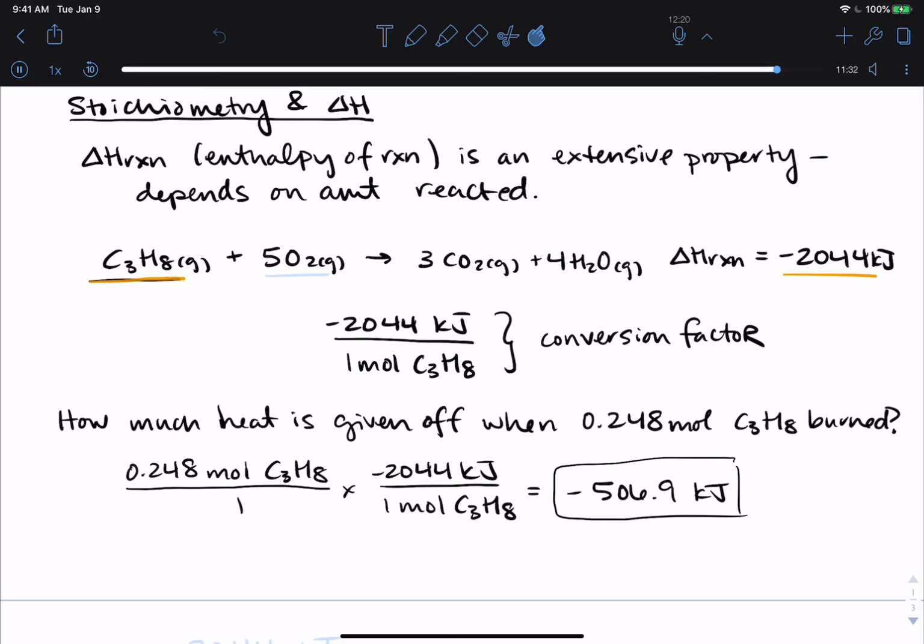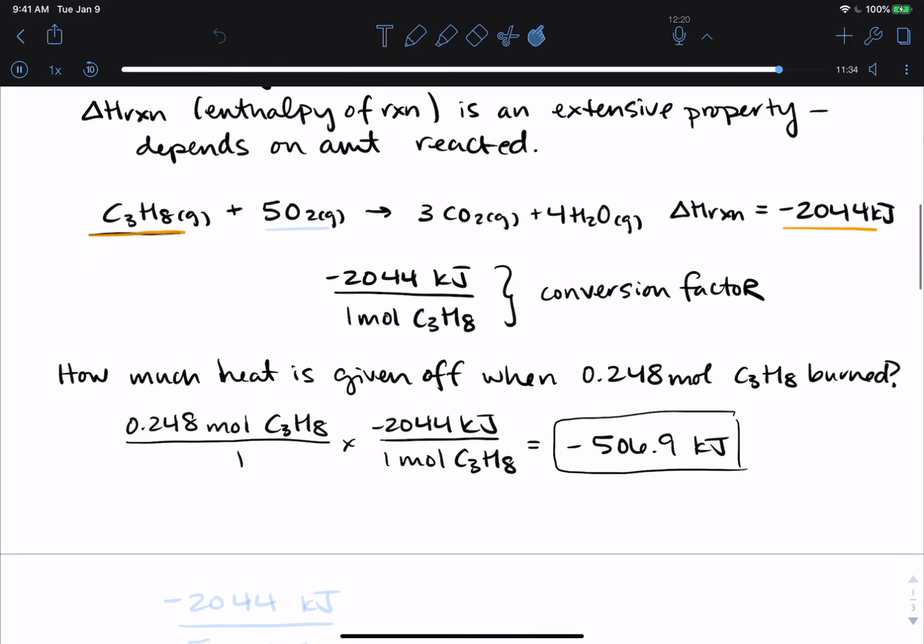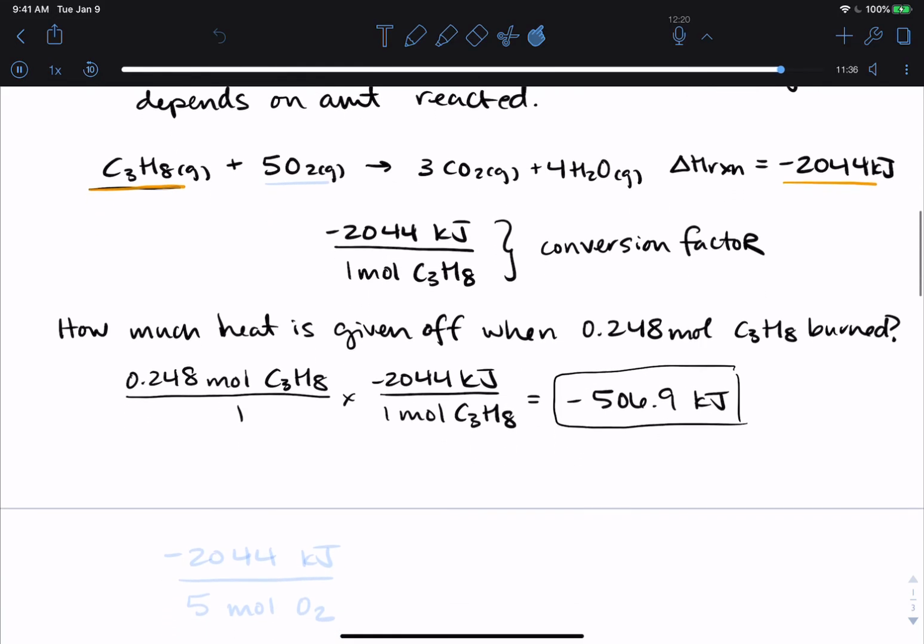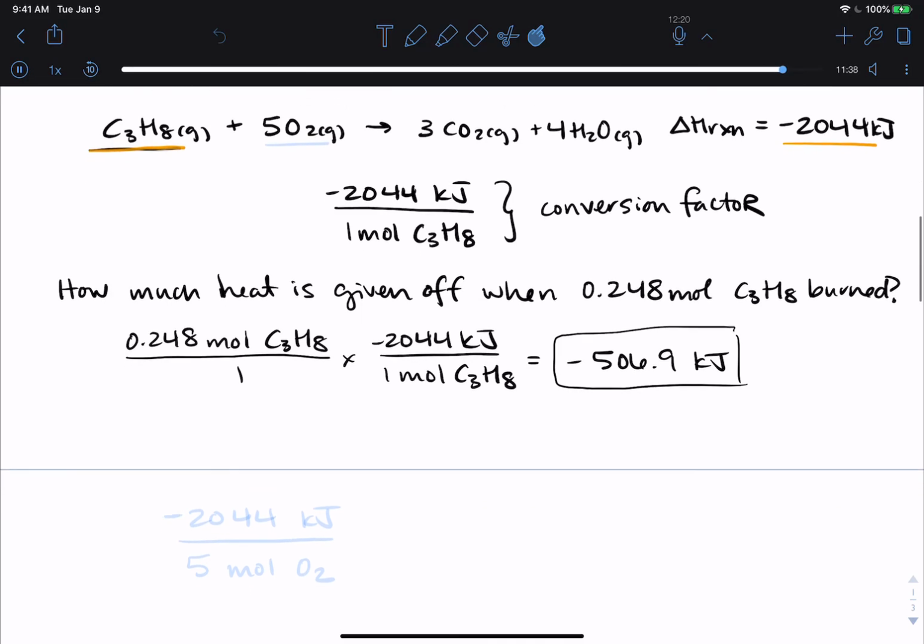So this will set you up to do a number of things. It could be that you know how much heat you need. Say you're trying to heat up some water. You could figure out how much fuel do I need to combust in order to get the amount of heat that I need. And because this goes with the balanced reaction, you could put any other piece in here, right?